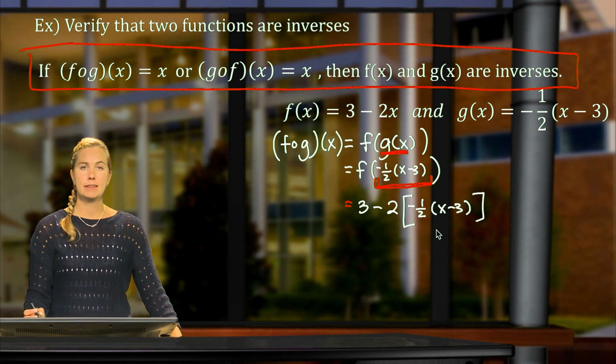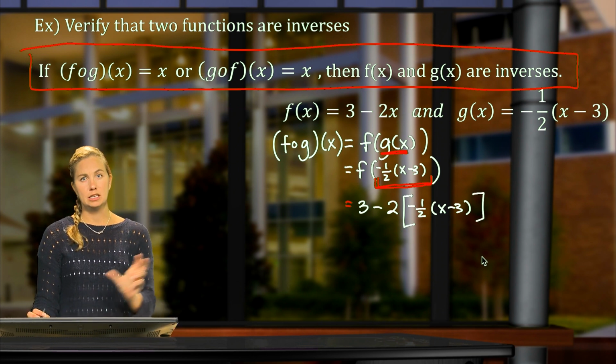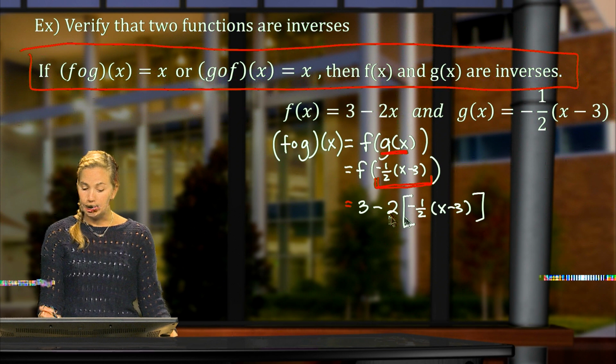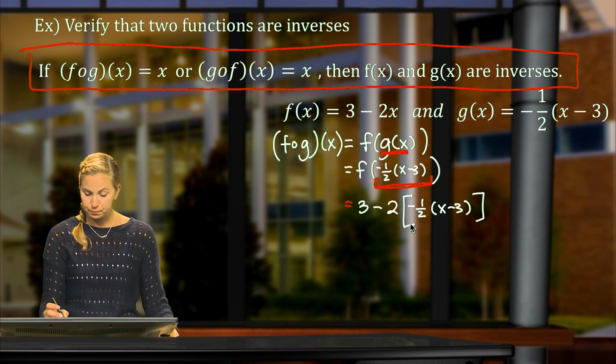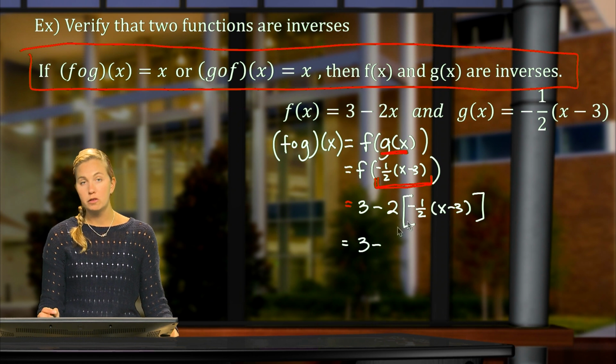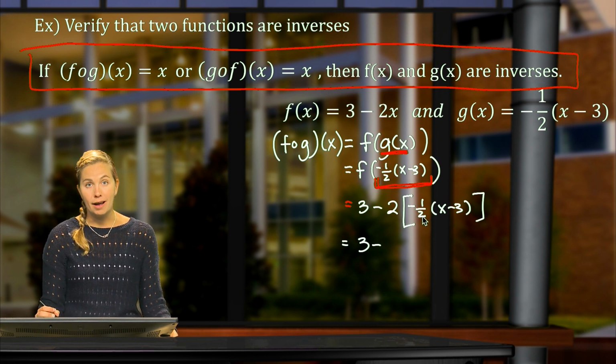Now I've used brackets and parentheses just so that you can see the different groupings, but brackets are the same thing as parentheses, and they're just indicating that I'm multiplying negative 2 times this. So we have 3 minus, if I multiply from left to right, negative 2 times negative 1/2 is positive 1.